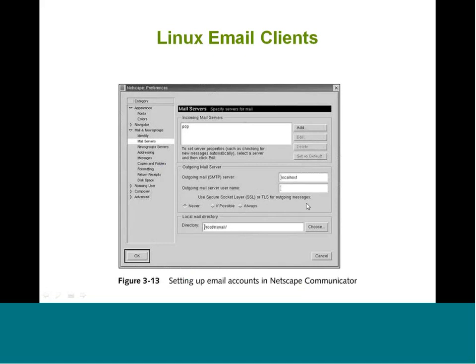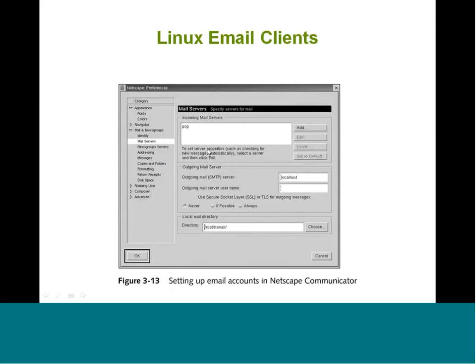You set up all those things, and then where you want to keep the mail, that's the root. This is Netscape mail, so you keep it there, and this is the mail server setup.